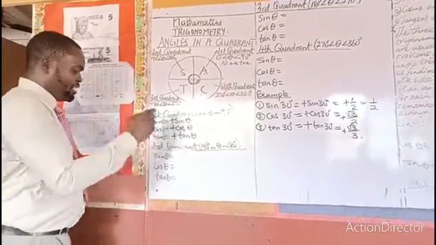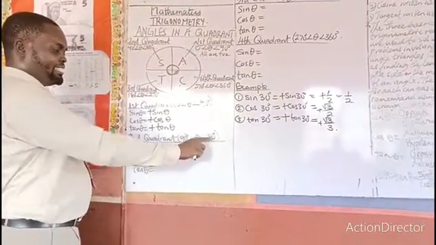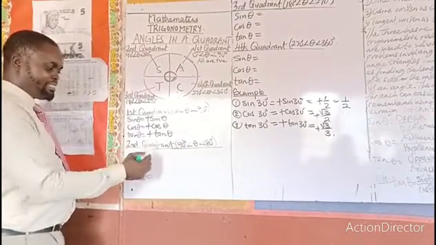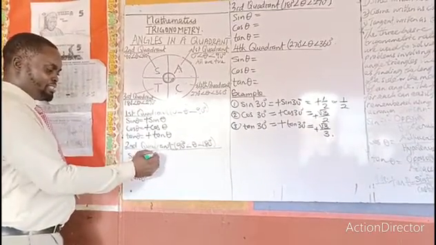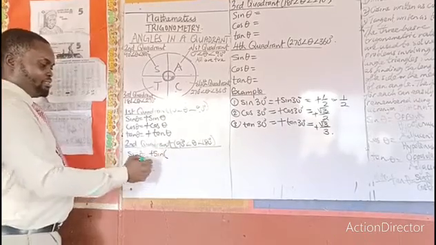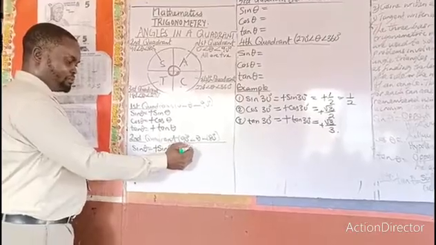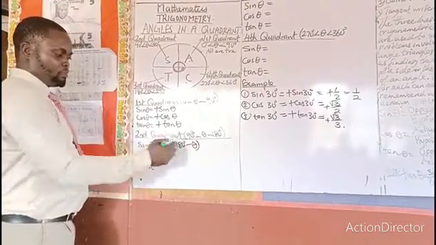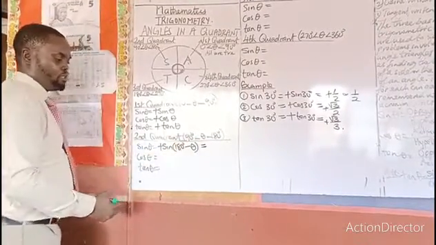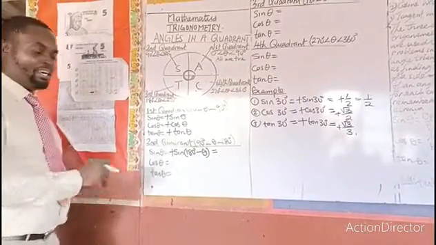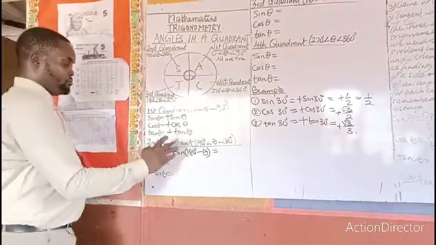Now, sine theta, if the angle is greater than 90 degrees, what are we going to say? We are going to rewrite it by saying plus sine of 180 degrees minus that angle. Whatever it gives us is our new angle.